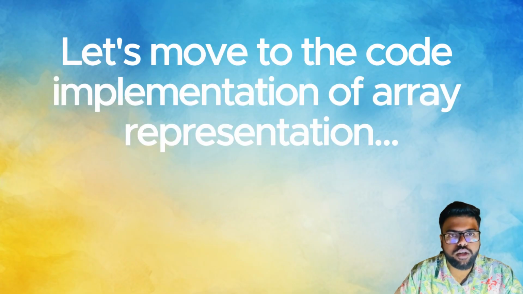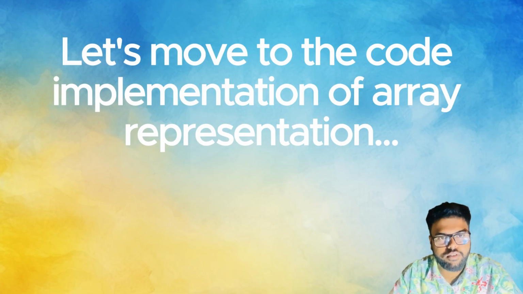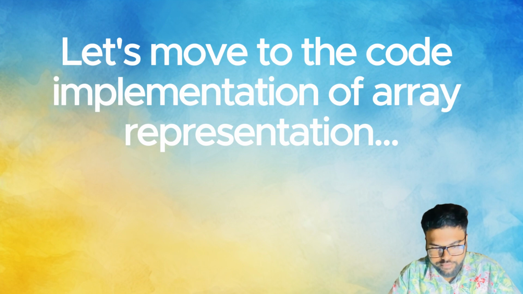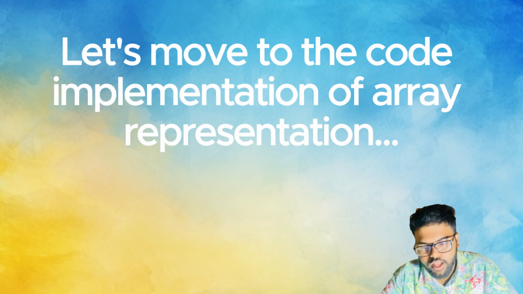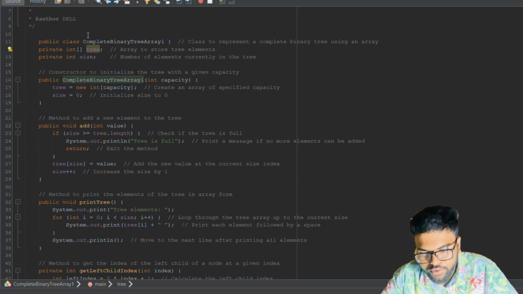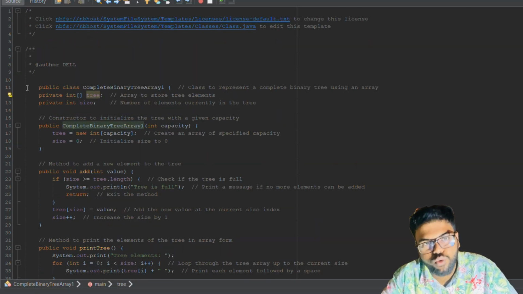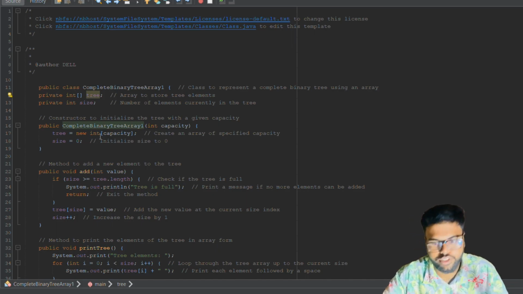Now let's move to the code implementation of array representation. The code implementation of array representation of a binary tree. First of all, look at this code. I wrote this code in the NetBeans IDE in Java. First I create a public class for this array implementation.